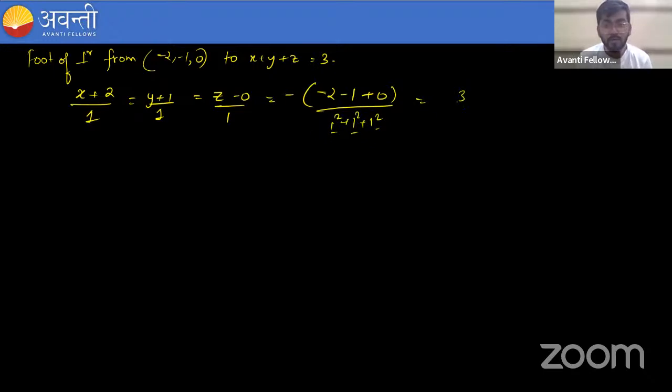So this will come out to be 3 by 3, which is 1. So the coordinate of x will be -1, y will be 0.